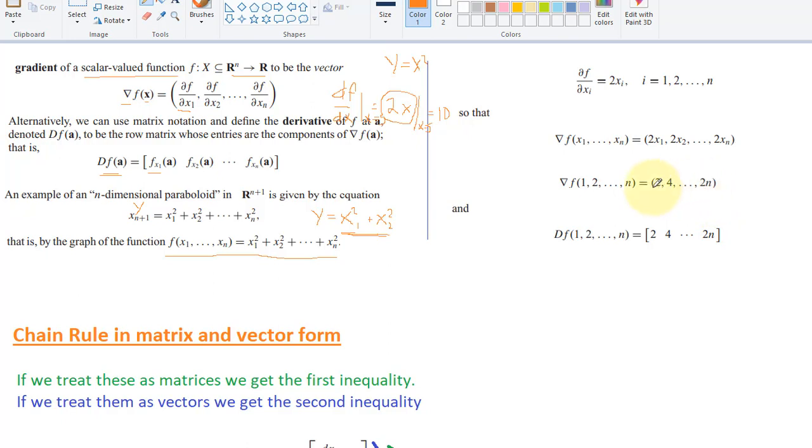This is what the gradient, which is kind of like the slope, would be in this scenario. At this point in n space, what will the slope be? This would tell us.